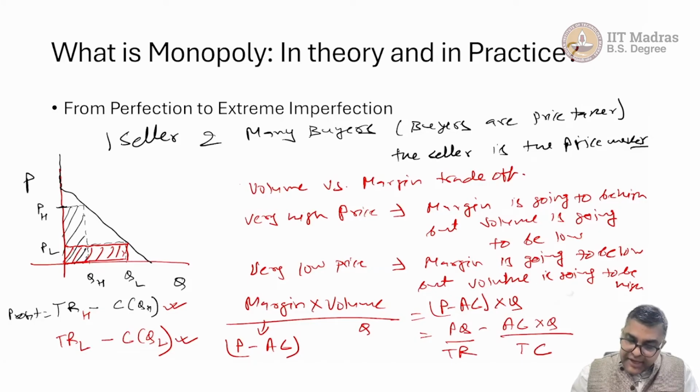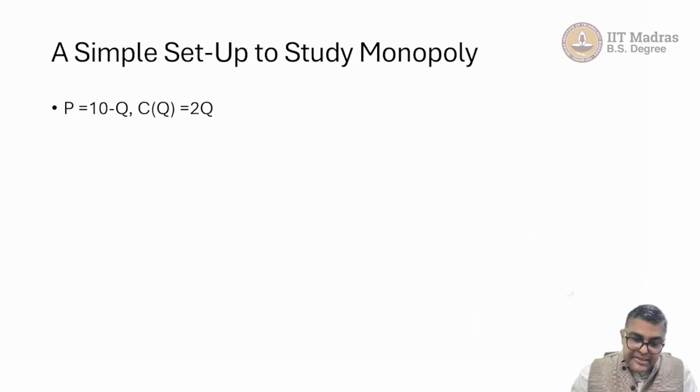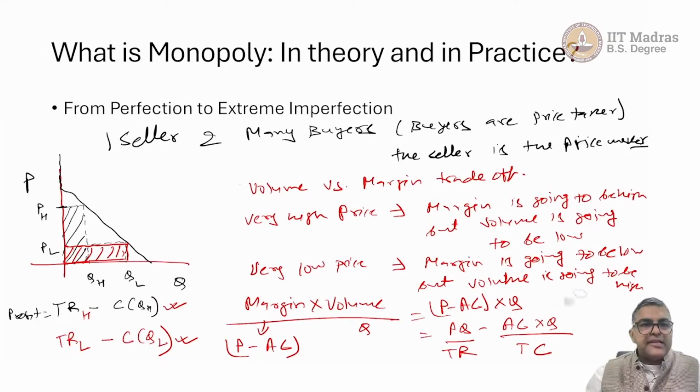Now, the takeaway here is, theoretically speaking, that we have just one seller and many buyers, but in practice this is way more difficult to achieve. Why? Think of any industry. You may have an industry dominated by a large firm, but there would also be many small firms producing a similar good.